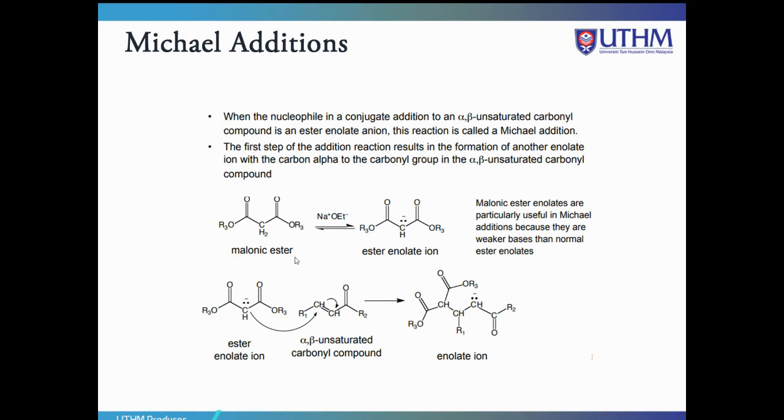Malonic ester enolates are particularly useful in Michael addition because they are weaker bases than the normal ester enolate. This mechanism shows how the enolate ion is formed in the Michael addition reaction.